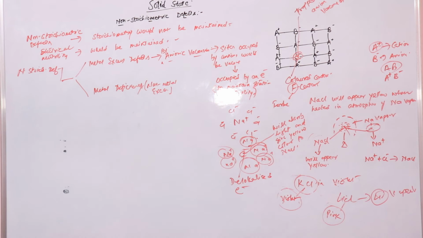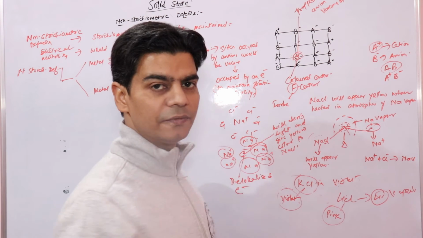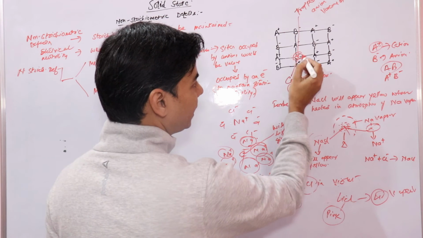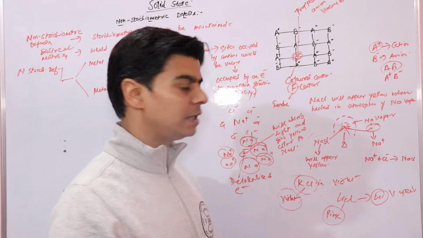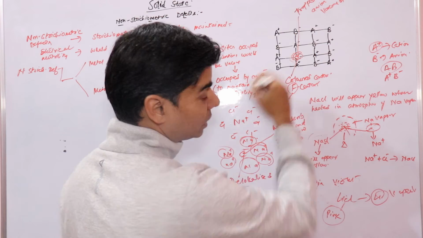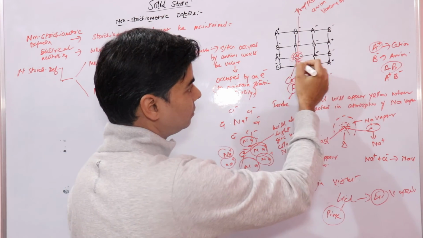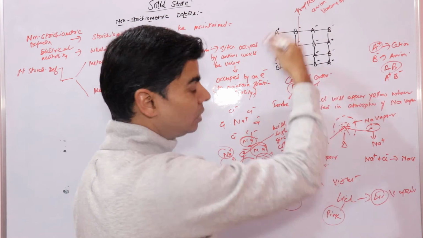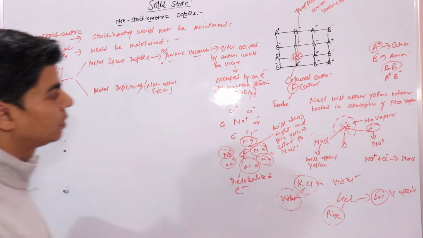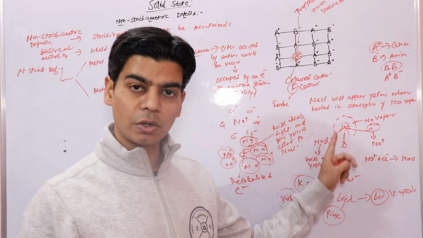Now this defect is a kind of vacancy defect, because a vacancy has been generated due to the anion missing from its site. When the anion is missing, the place is taken over by the electron to maintain the electrical neutrality of the lattice. So this is similar to the Schottky defect.